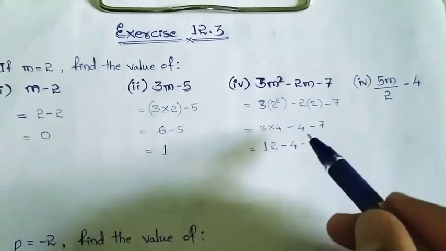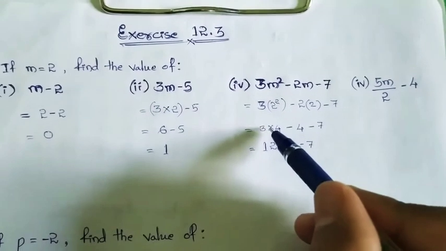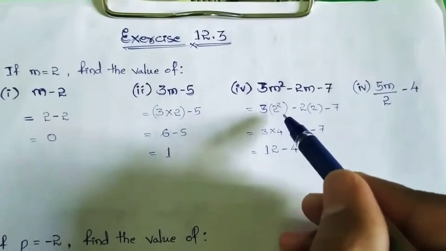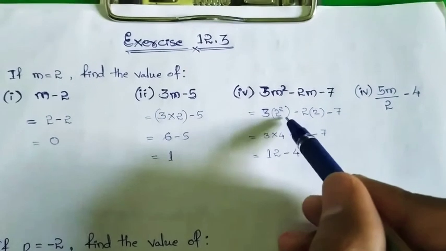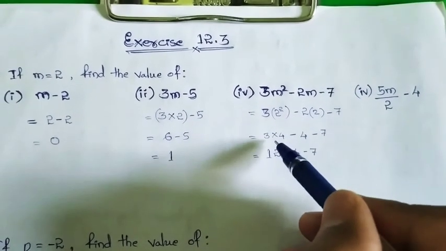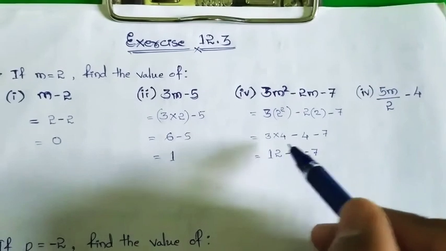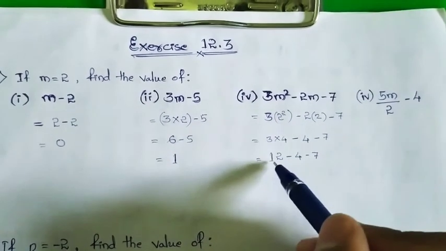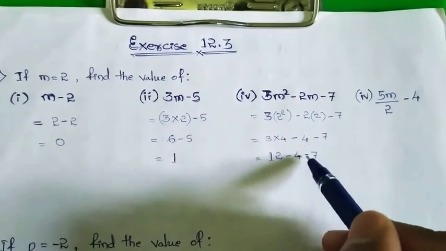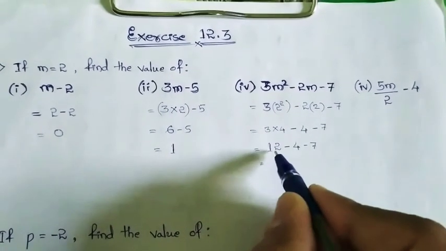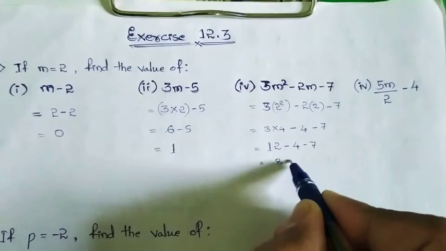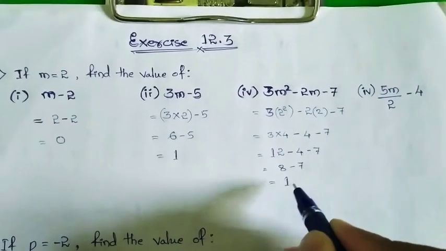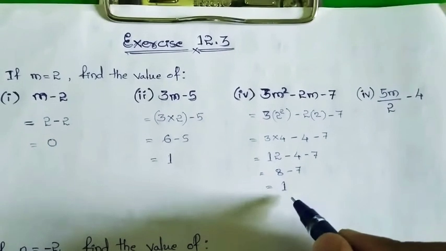Always use BODMAS: brackets, of, division, multiplication, afterwards addition, and lastly subtraction. So now we did the multiplication, 3 fours are 12, 12 minus 4 minus 7. 12 minus 4 will be 8, 8 minus 7 will be 1. So our answer is 1.